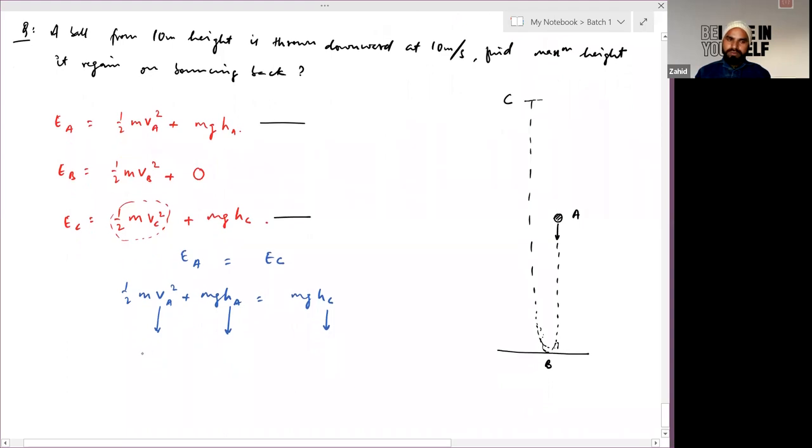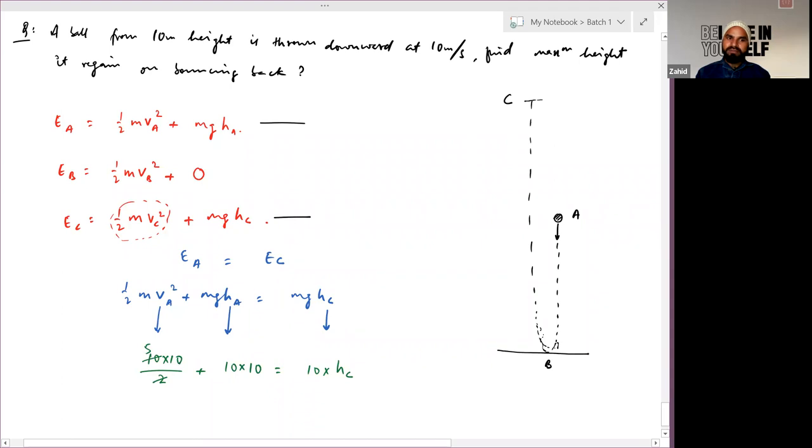If you put values in this equation, m will cancel out. Velocity at A is 10. So it will be 10 into 10 divided by 2. Gravity is 10. Height at point A is also 10, is equal to gravity 10 and height at point C, which we have to calculate. So 2 into 5 will be 10.